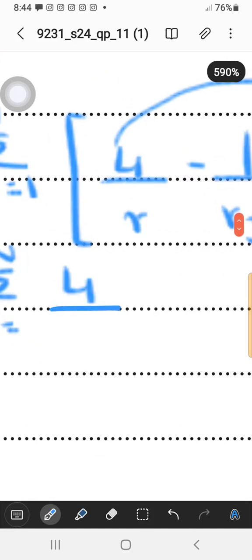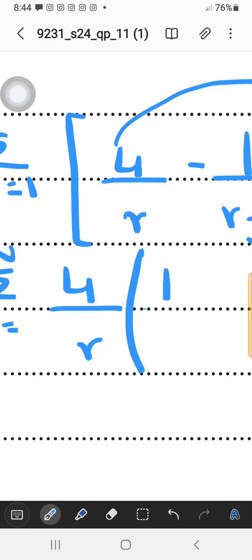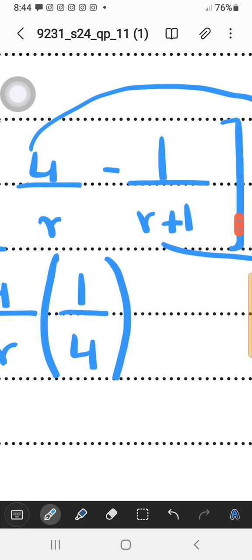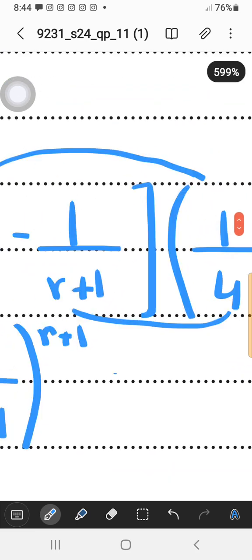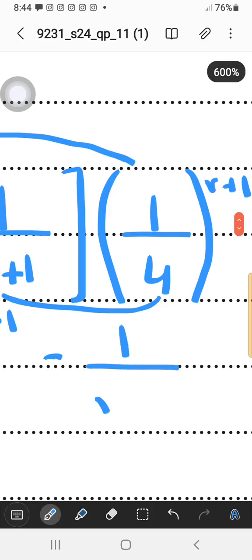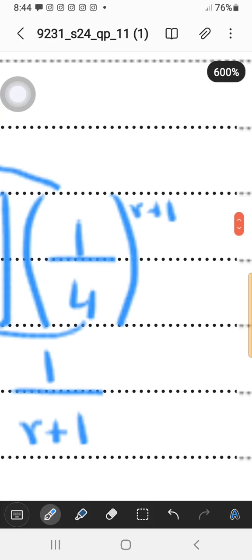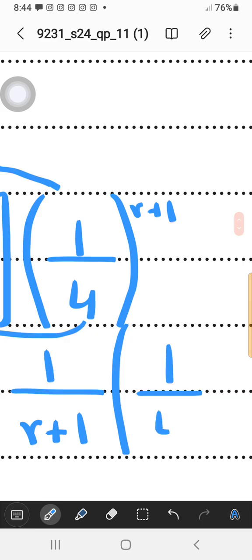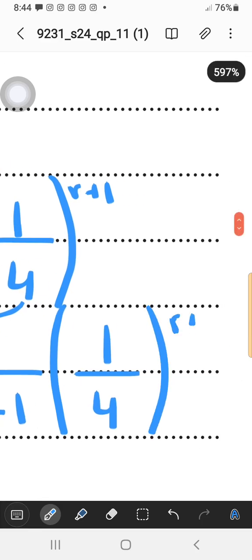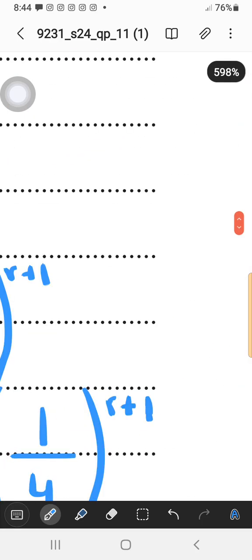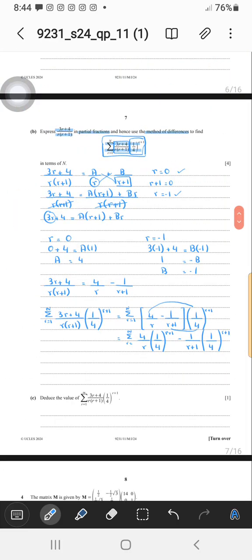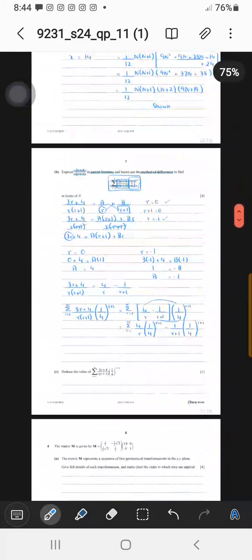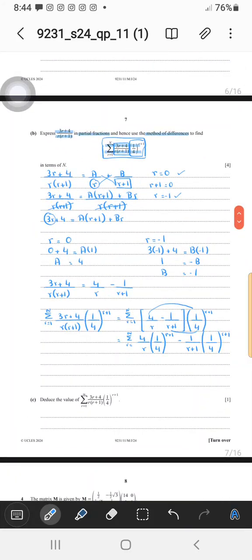It becomes 4 upon r times 1 upon 4 r plus 1 minus 1 upon r plus 1 times 1 upon 4 r plus 1. Now we can do the method of differences. To do that I want plenty of space, and here there is a lack of space, so I can't do it here. So I will copy this.